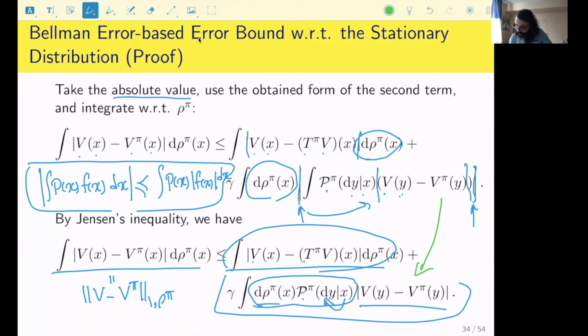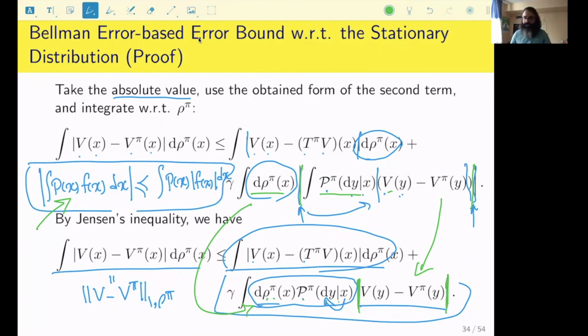We have rho pi, and then there is an absolute value outside this integral, and then we have P pi(dy|x) of V(y) minus V pi. By this identity, I move the absolute value inside to get to this point. So this second term would become gamma times the integral of d rho pi P pi(dy|x) of this absolute value here.